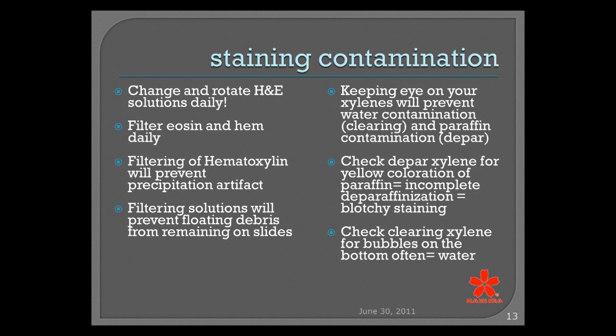Hematoxylin, as it's exposed to air and sunlight, will oxidize into hematin, and it appears as a metallic sheen on the top of your hematoxylin. Once that metallic sheen occurs, then you can get this artifact on your H&E that will appear as little black, dark purple speckling all over your H&E.